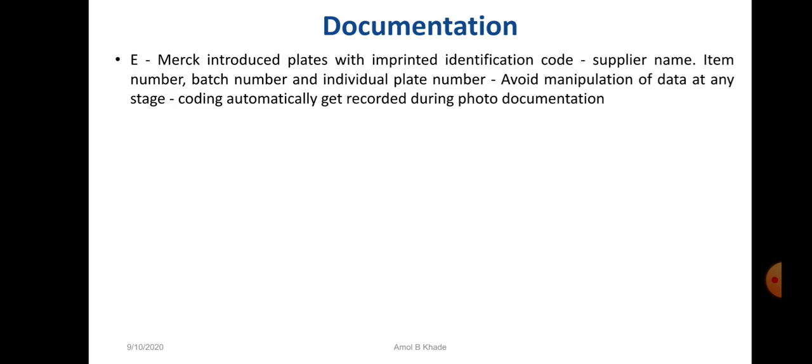So Merck, which is again a leading company which manufactures HPTLC and TLC plates, has introduced the imprinted identification code, which is a unique code to identify a particular plate, which can have the supplier name, item number, batch number, individual plate number, which ultimately avoids the manipulation of data. These are the coded plates, and all these things will be done automatically, and we can take pictures of these developed plates and document them.